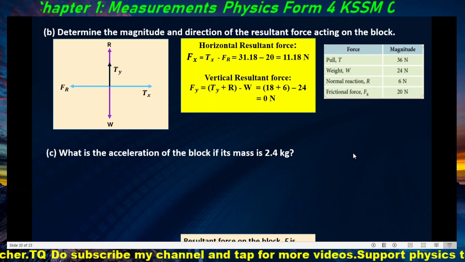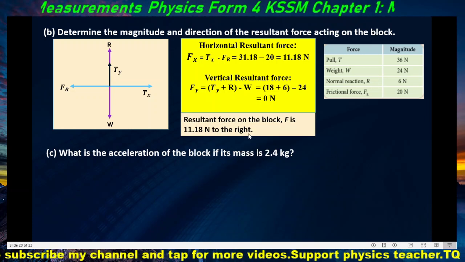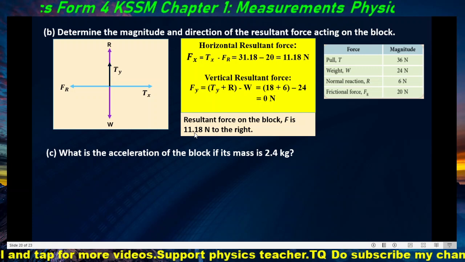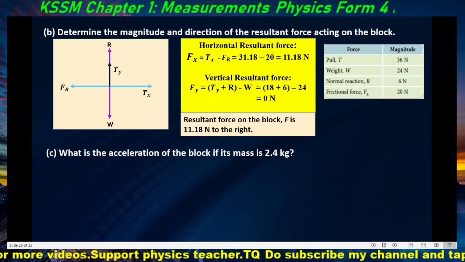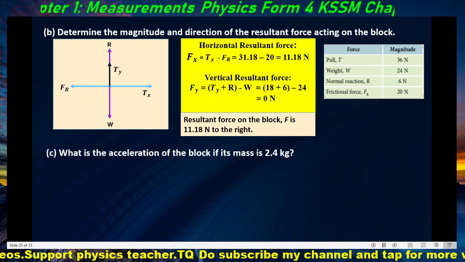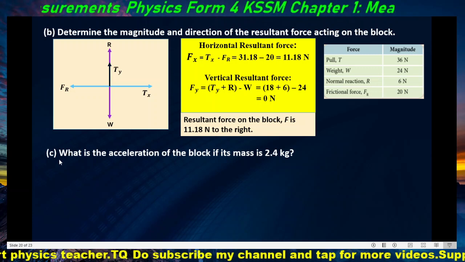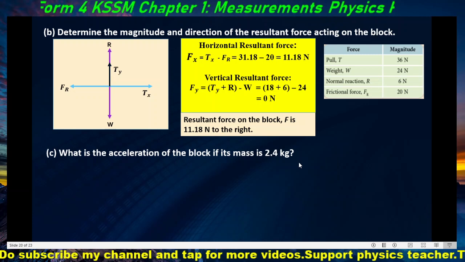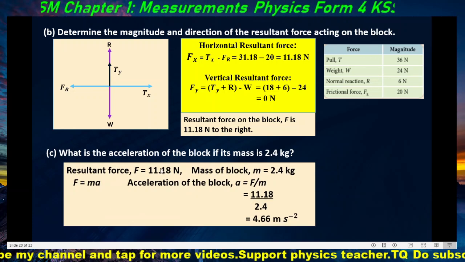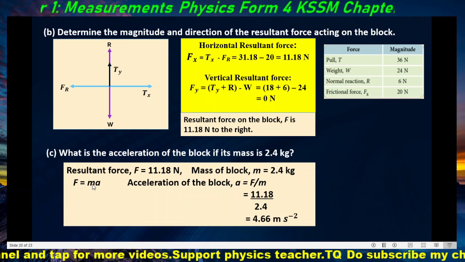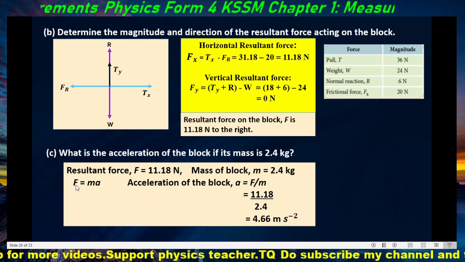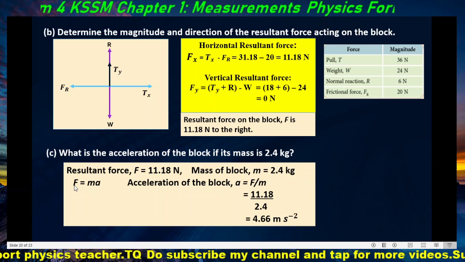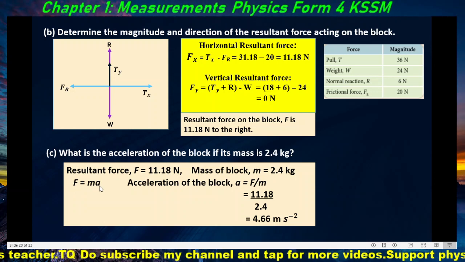Thus, the resultant force that acts on the wooden block, F, is only horizontal resultant force, which is 11.18 Newton that acts to the right. But see, what is acceleration? Remember the formula, F equals to ma. What is F? A resultant force, or a single force that produces acceleration.